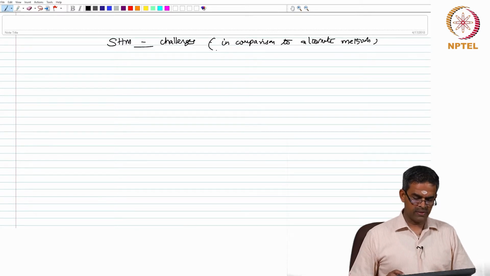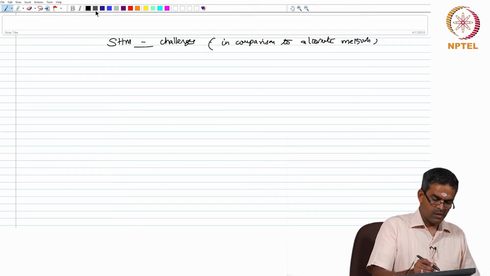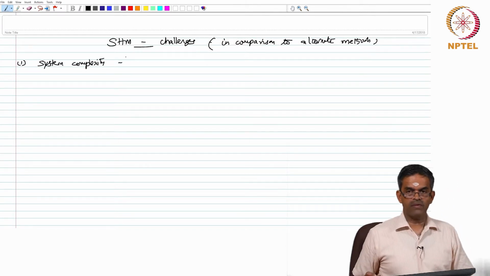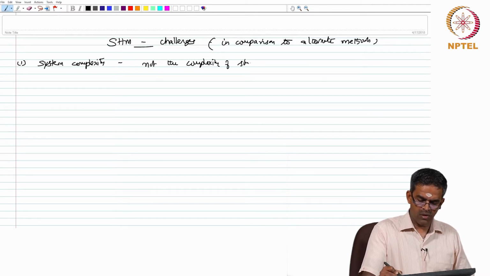So, we will compare this in terms of imposing challenges on SHM. The first challenge which comes in SHM is the system complexity. Here we are not talking about the complexity of the structural system, rather it is complexity of SHM system.